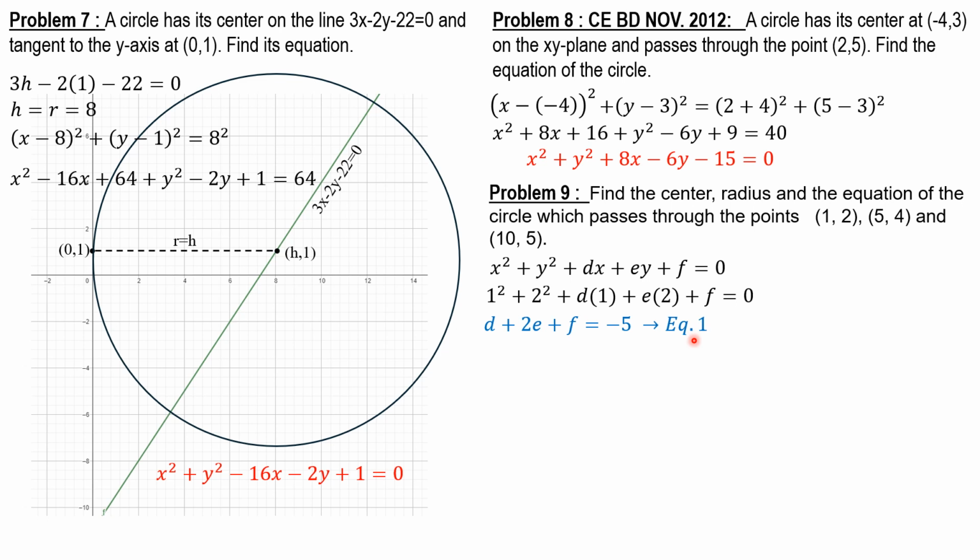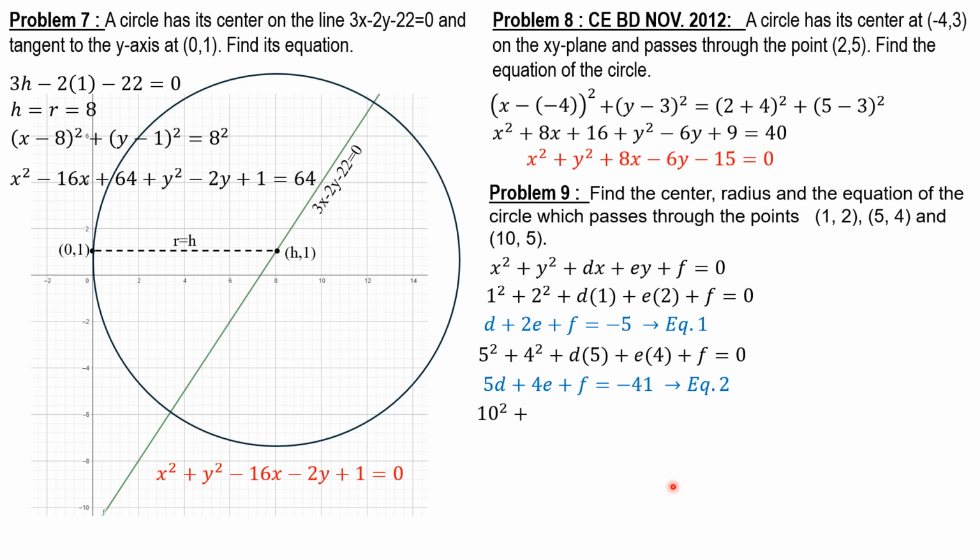Call that equation 1. Then we substitute (5, 4) into this general form of the equation of a circle. So we have 5 squared plus 4 squared plus d times 5 plus e times 4 plus f equals 0. Simplifying, 5d plus 4e plus f equals negative 41. Call that equation 2. Then we substitute (10, 5) into this reduced general form.